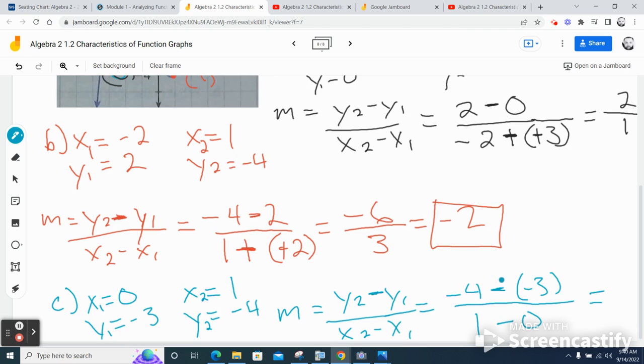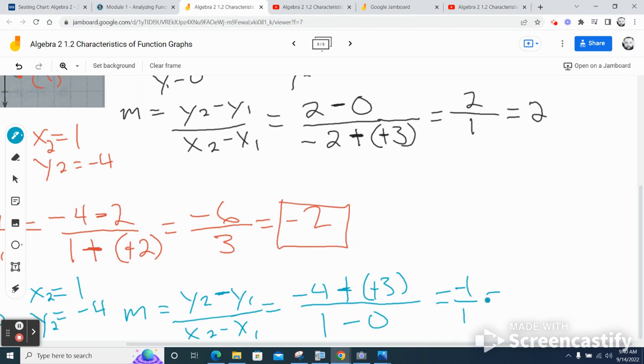When you minus a minus, you really add. -4 plus 3 is -1 all over 1, which is -1. All right, 1 minus 0 is 1.